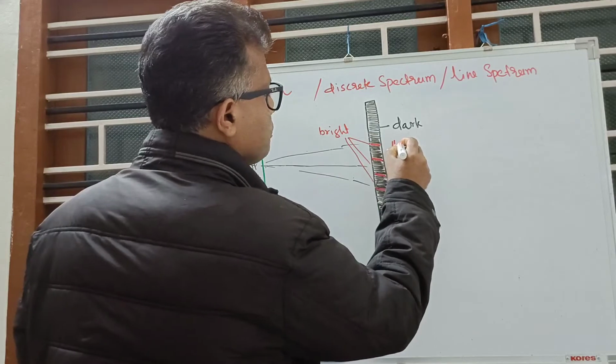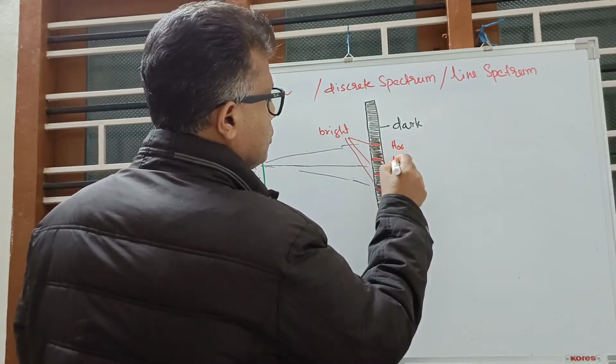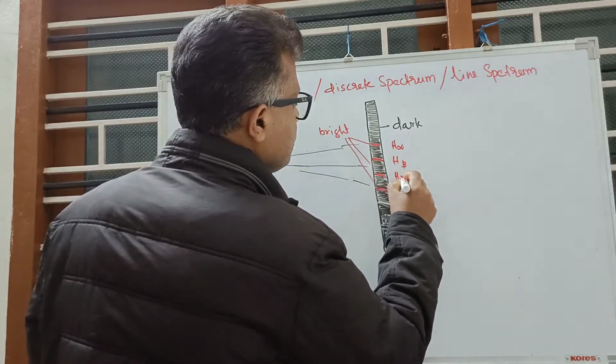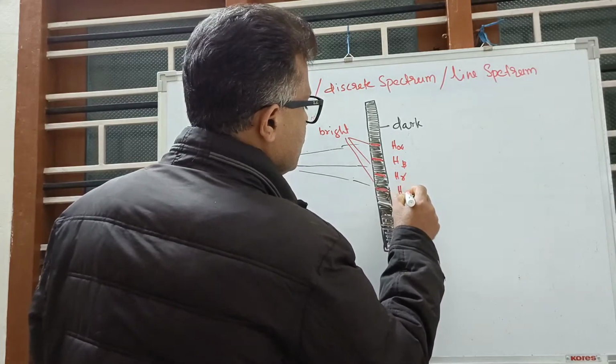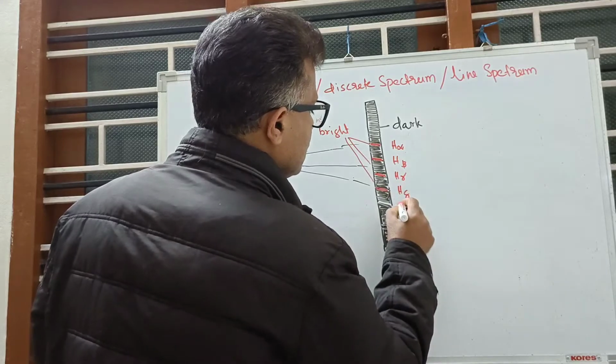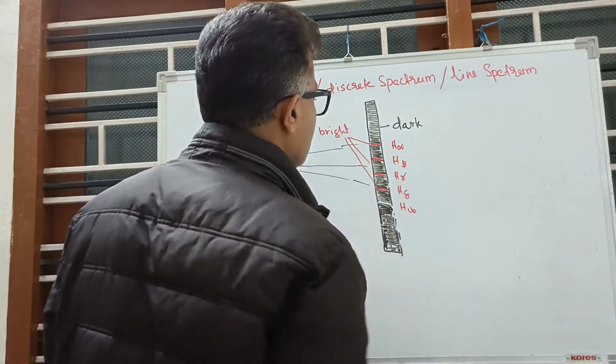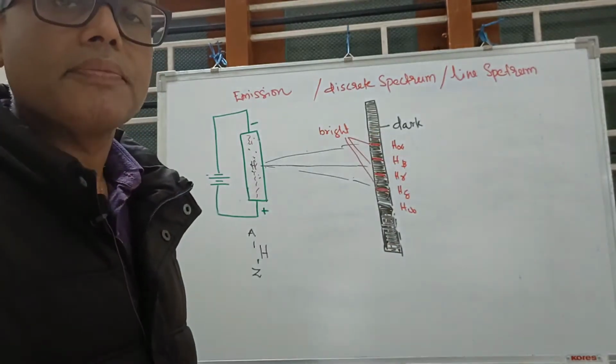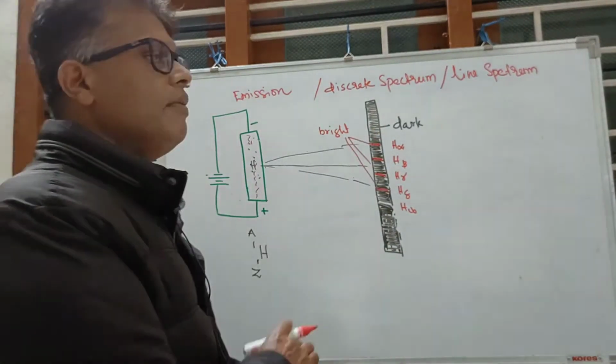If hydrogen gas is passing through, we are getting H alpha, H beta, H gamma, H delta. Clear, no? These waves are like that. So we will write the wavelength also here.